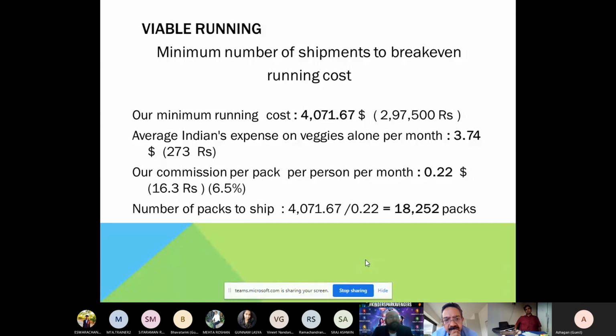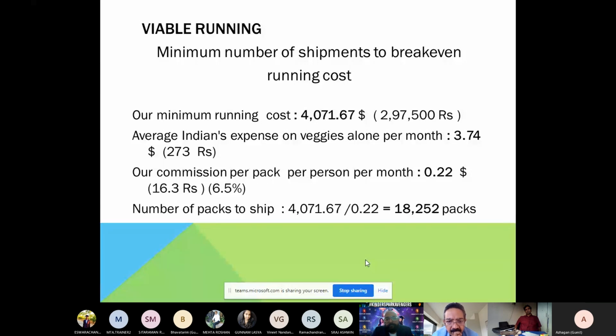So that's around 3 lakh rupees, 2 lakh 97,500, and an average Indian's expense on veggies per month is just 273 rupees. Let's just say we take a commission of 6.5%. So we are basically buying it directly from the farmer and only taking a 6.5% commission on it, which is around 16.3 rupees.